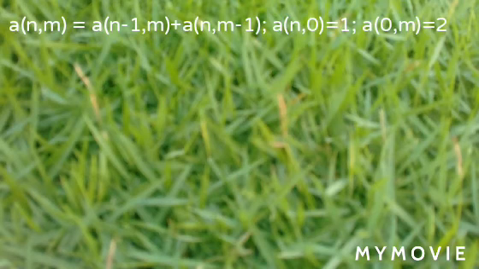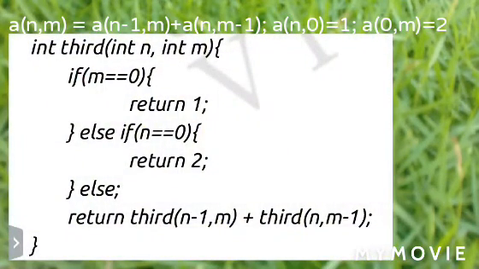Now let's go to the third relation, and this is the hardest among the three. So this is the code for this. There are two parameters because there are two subscripts, the n and the m.